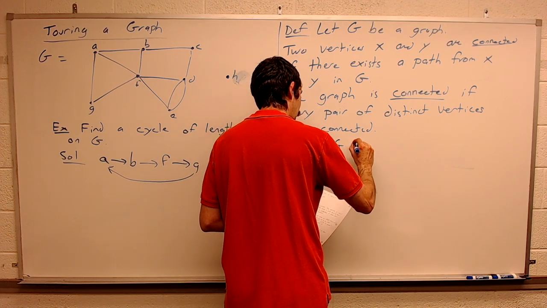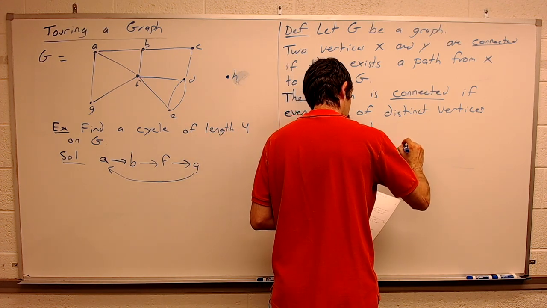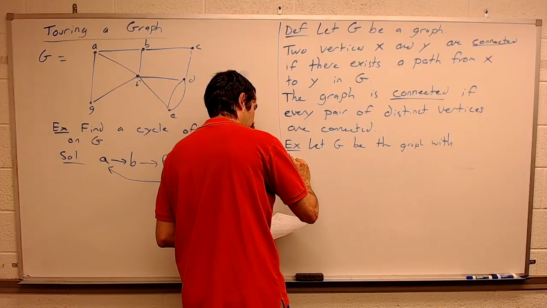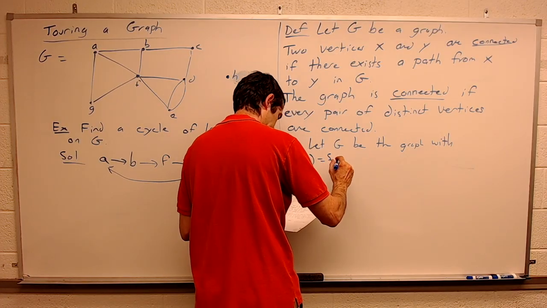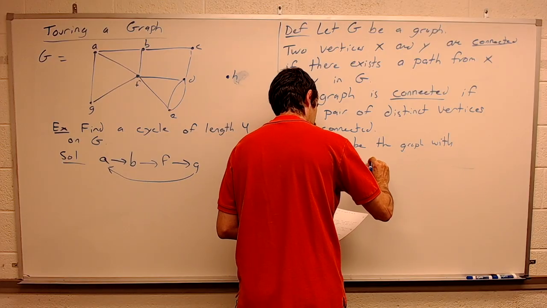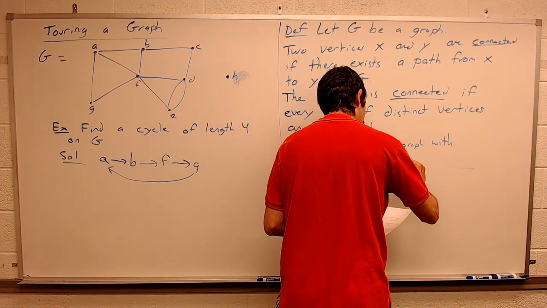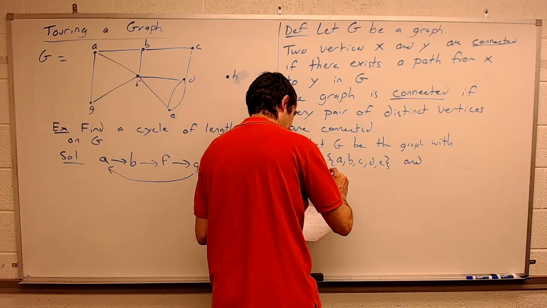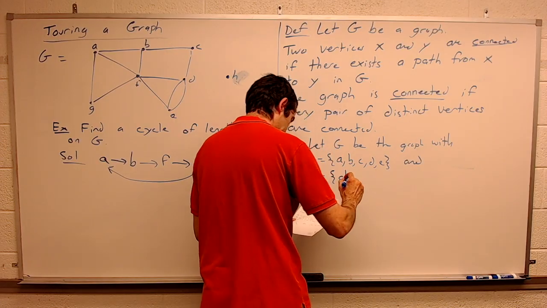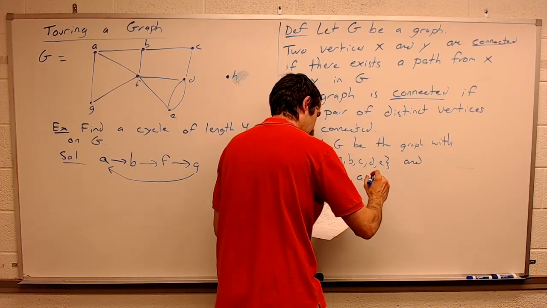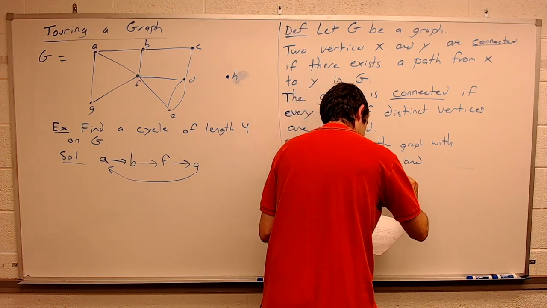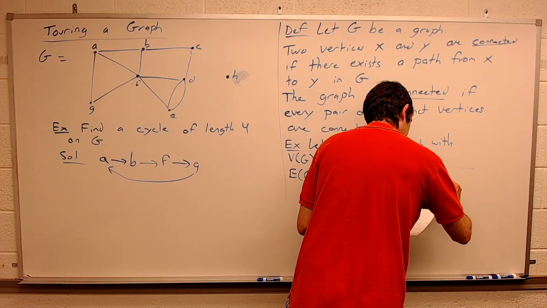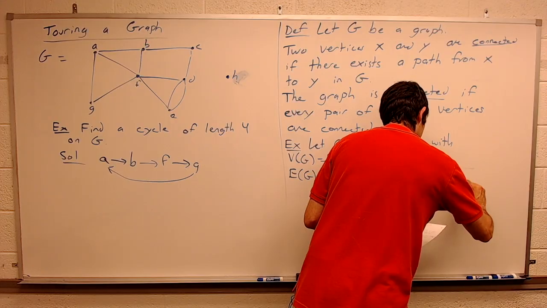So let's let G be the graph with vertex set A, B, C, D, E, and edge set AB, AE, BC, CD, DE, EA, and EB.